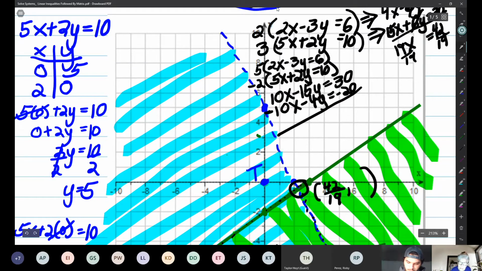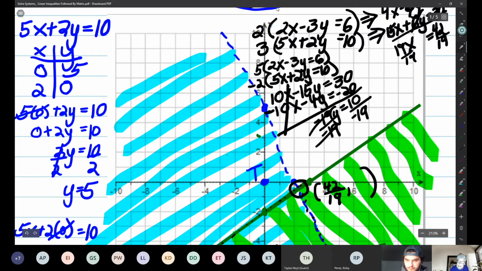Now 10x minus 10x is 0. -15y plus -4y is -19y. And 30 minus 20 is 10. I'll divide both sides by -19.